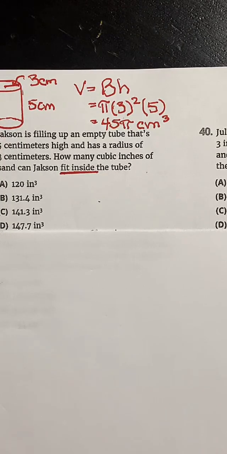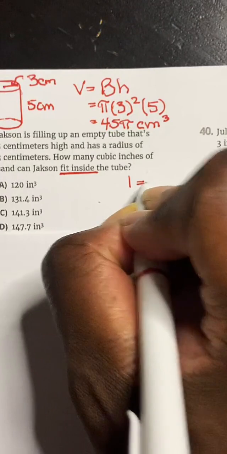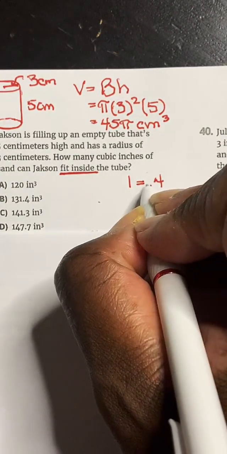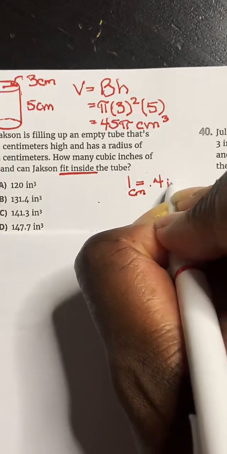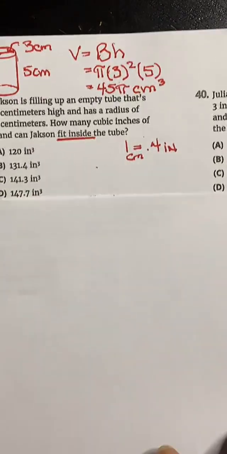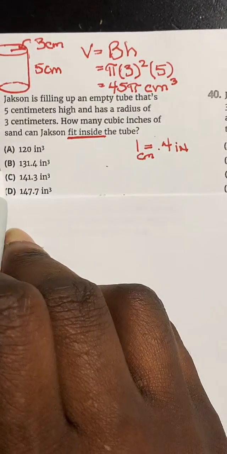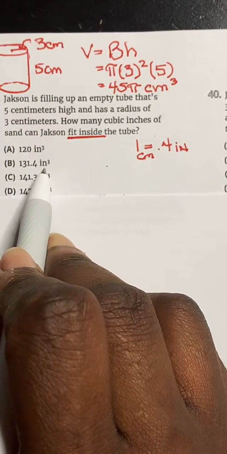I know 1 centimeter is 0.4 of an inch. That I remember. So this works for the centimeters, but not for the inches.